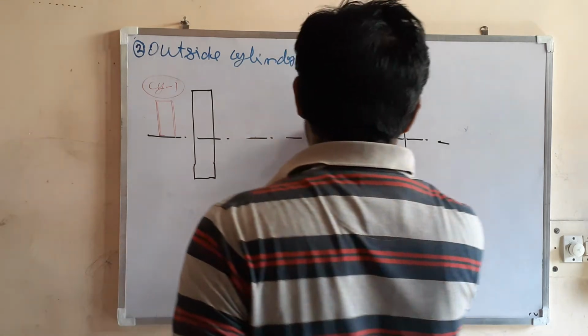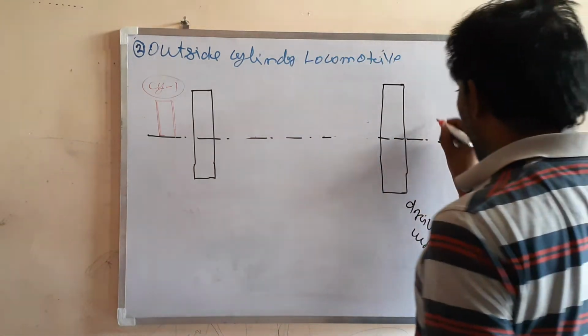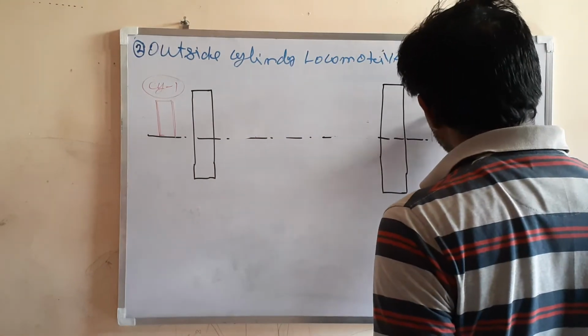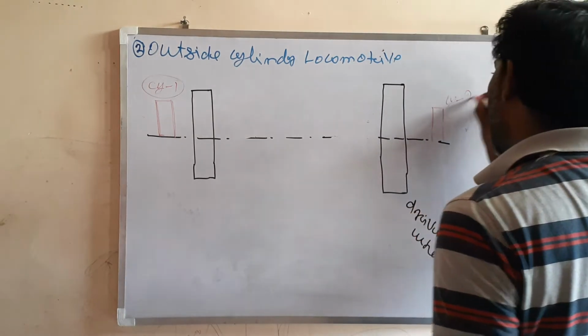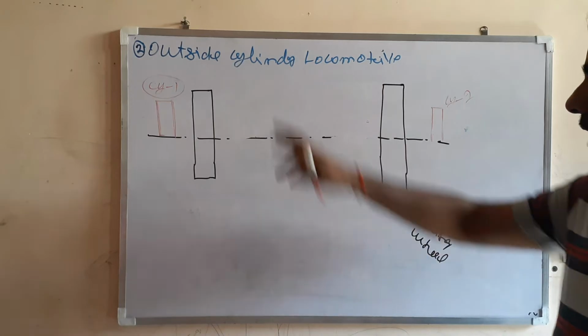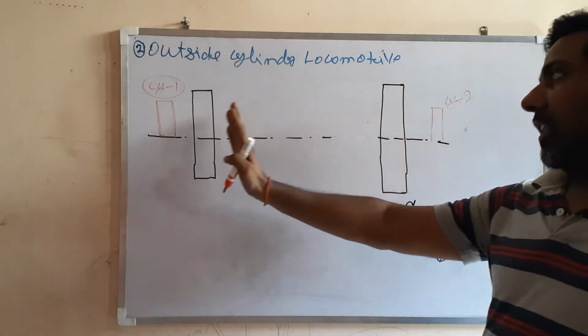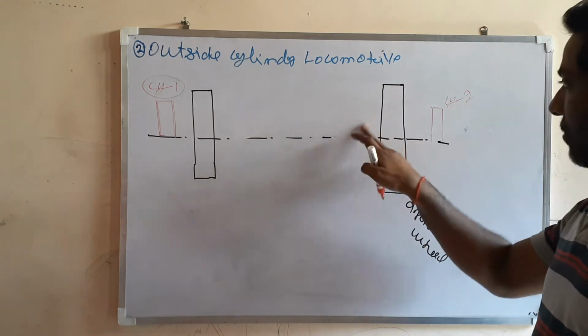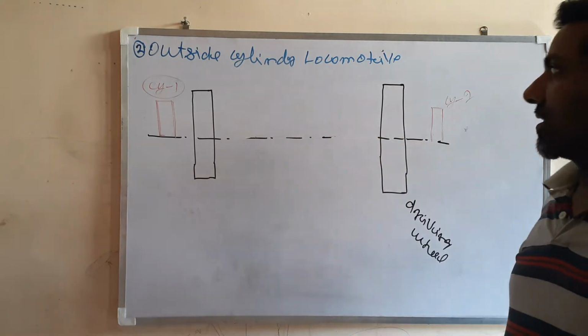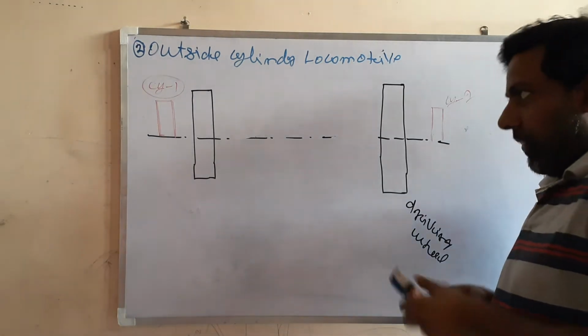Now cylinder 2 is also outside the driving wheel here. So in an outside cylinder locomotive, the cylinders of the steam engine are outside the driving wheel. That is known as the outside cylinder locomotive.